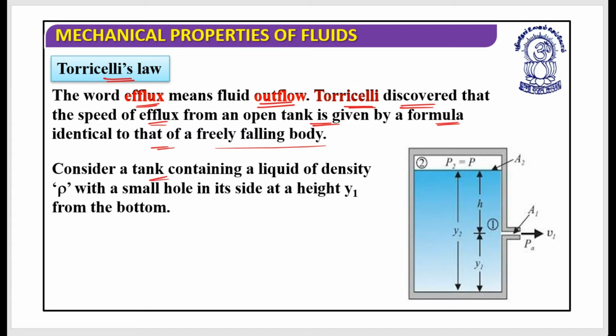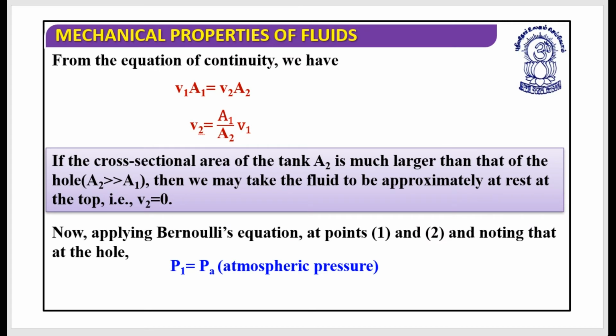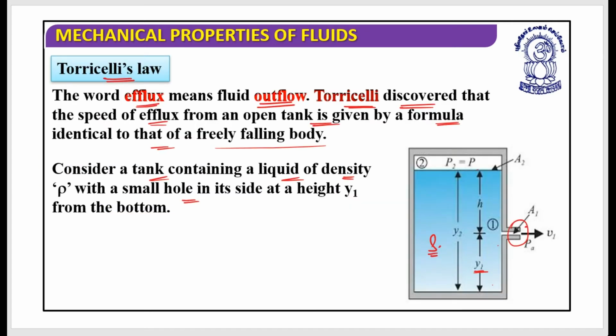Consider a tank containing a liquid of density rho with a small hole in its side. Here is the hole, made at a height y1 from the bottom, at a depth h from the top of the liquid.